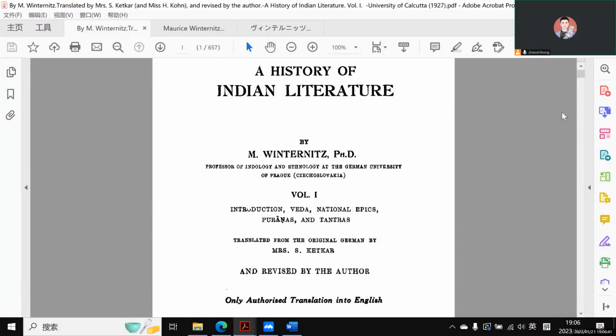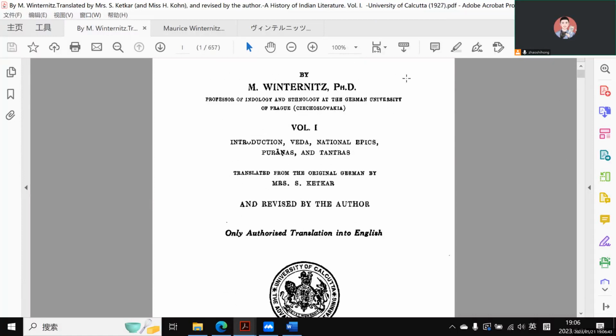Okay, then let's start. This book has 3 volumes. The first volume mainly deals with the introduction, the Veda, and the 2 epics, Mahabharata and Ramayana, and also some later literature correlating with these themes, such as Puranas and Tantras, everything like that.